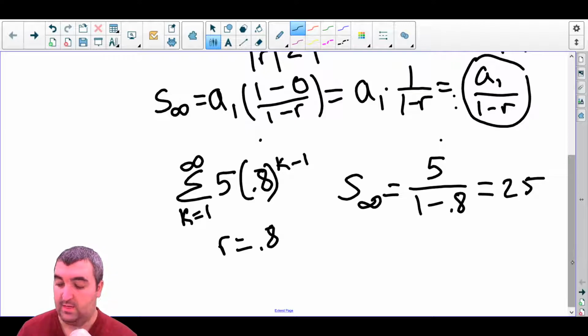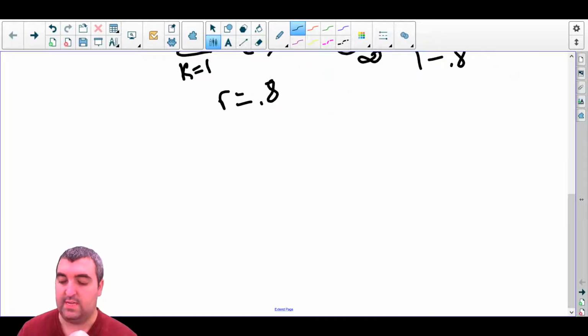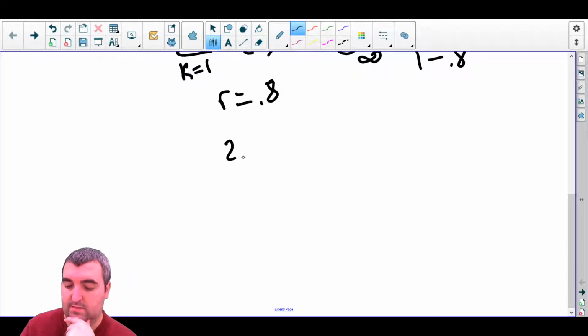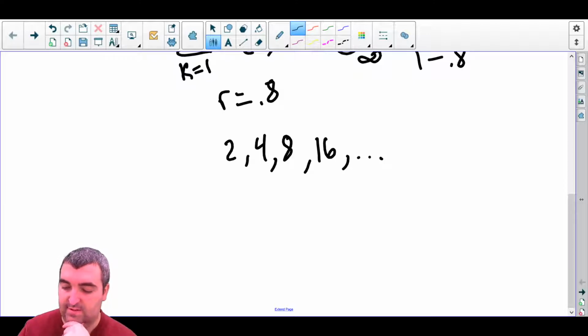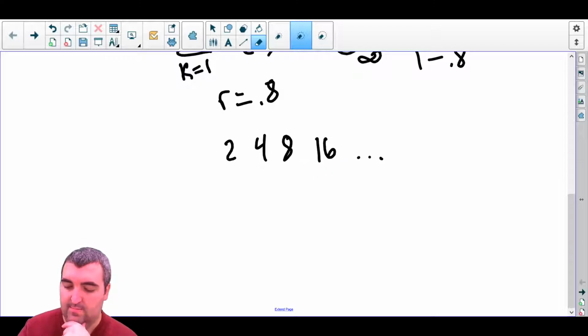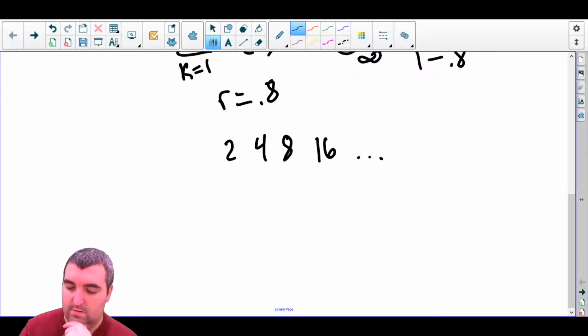Sometimes they will try to see how well you're paying attention, so they could give you a sum like this: 2, 4, 8, 16, and actually they want you to find the sum of that. So instead of commas, there'll be plus signs: plus, plus, plus, plus, and then dot dot dot.